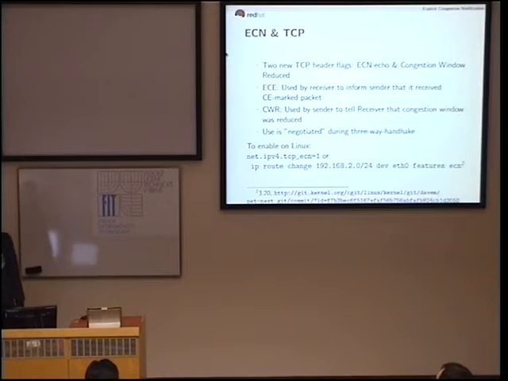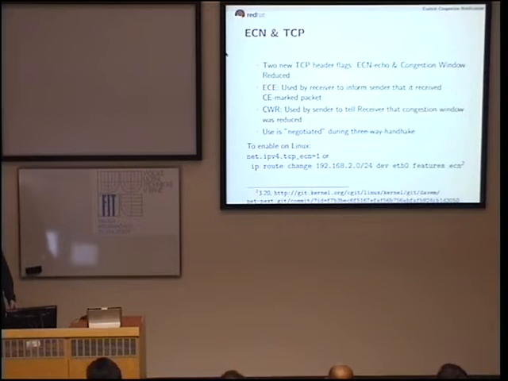And the sender can then see that. It can reduce the congestion window without having to retransmit anything because there was no packet loss. And it can then inform the receiver that it took action to prevent further congestion. You can enable this extension on Linux via a sysctl value or on a per-route setting, which will also be in the 3.20 kernel.